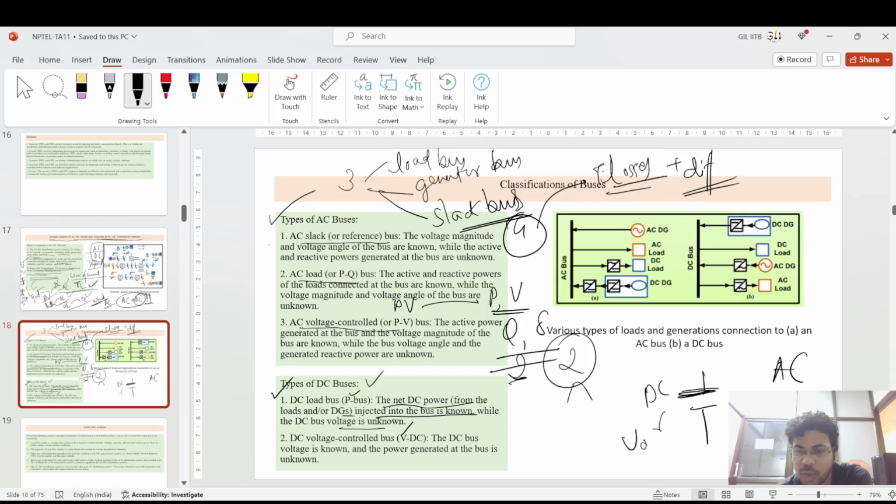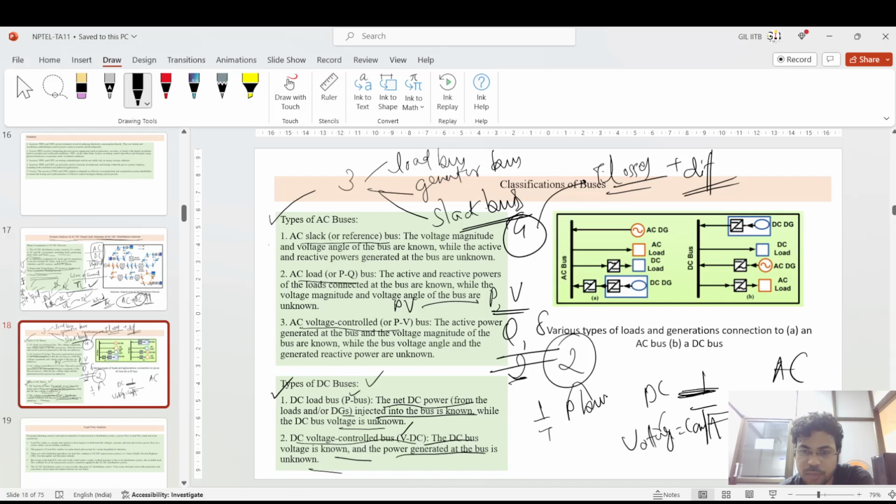Because if you are converting from DC to AC, you need a DC bus bar whose voltage is constant, which can be done using multiple components, that is battery, ultra capacitor or PV. The second is the DC voltage control bus, the VDC bus. This bus voltage is known, but the power generated at the bus is unknown.